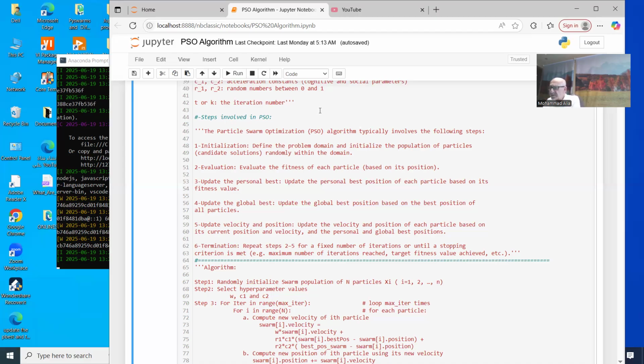Also, I have explained through examples some functions, including the argmin function, the enumerate function, and the numpy where function, which are very frequently used in swarms.